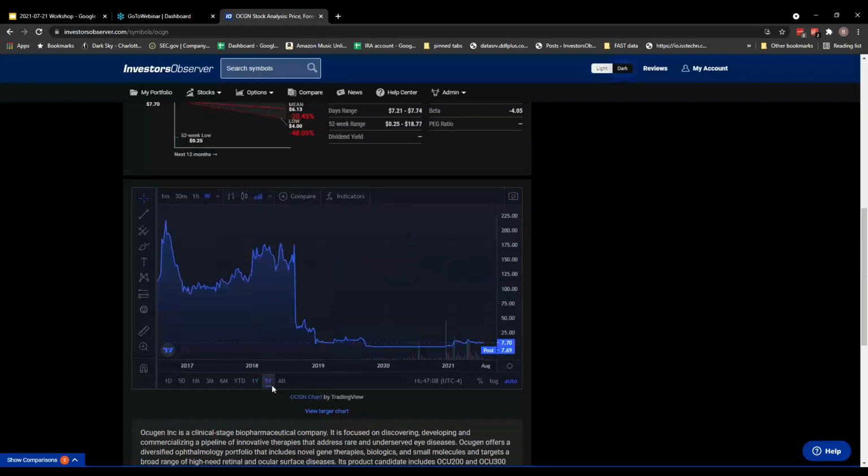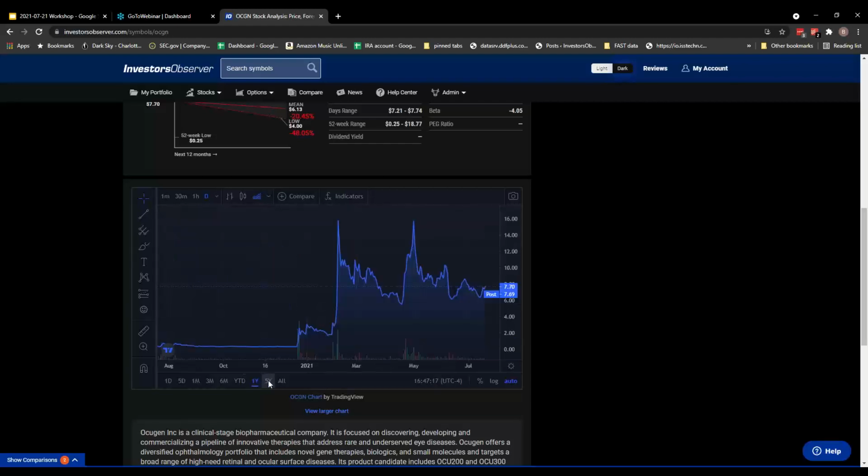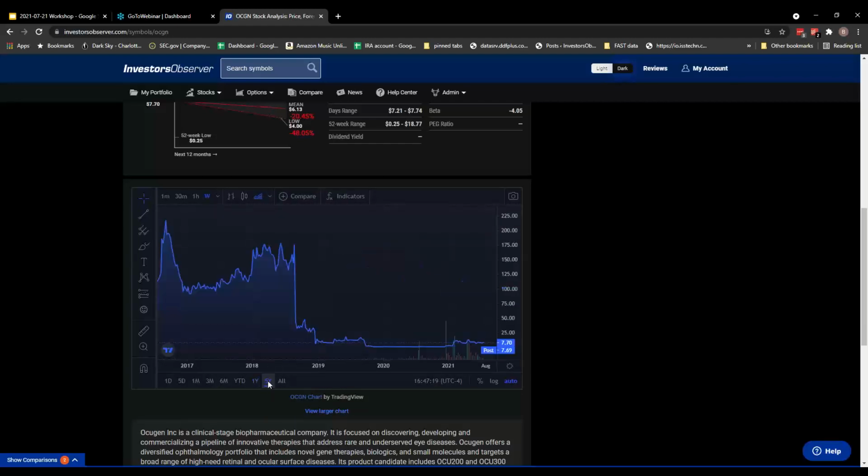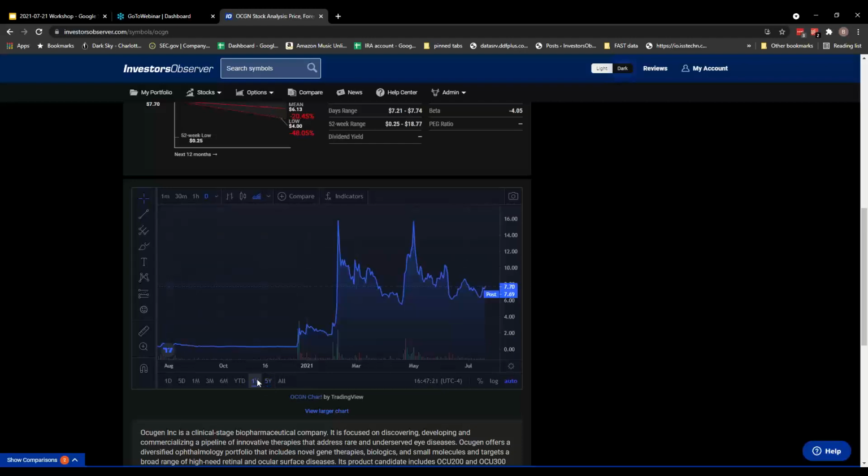I mean, biotech kind of always does. The difference between the 1 year and the 5-year chart is pretty stunning. So there's 1 year and there's 5 years. The good news is if you've been holding it for about a year, congratulations. If you've been holding it for 5 years, I'm very sorry.